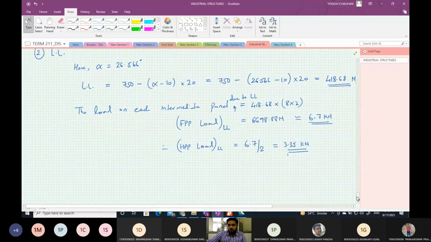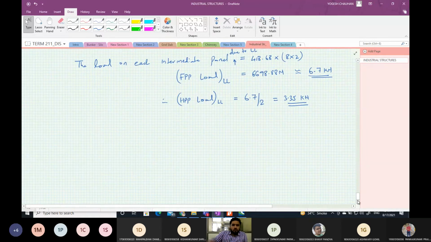Okay, so we have dead load, live load. Now third is wind load. So let us find the wind load. Let us assume the life of the structure equals 50 years.